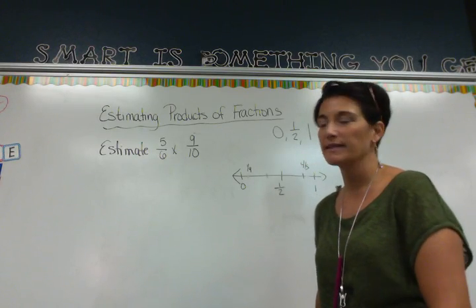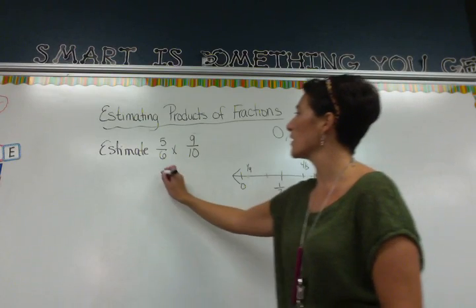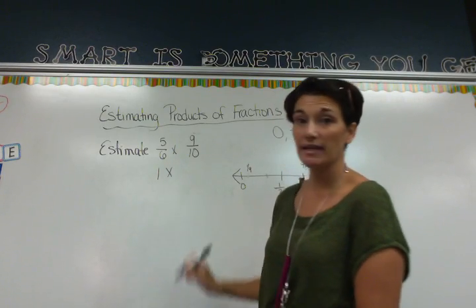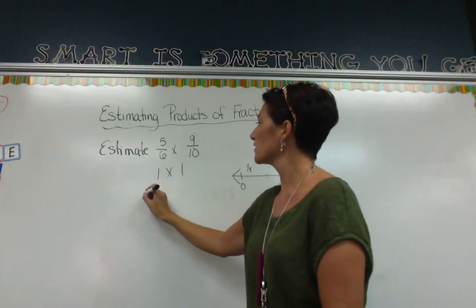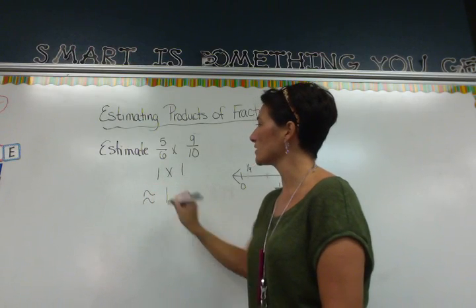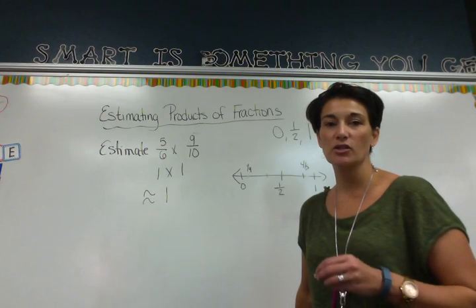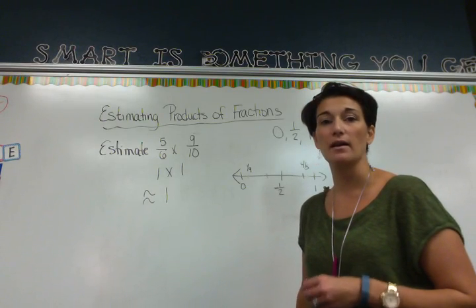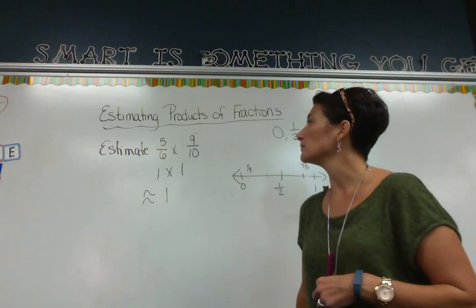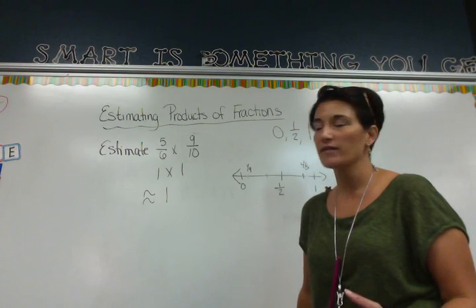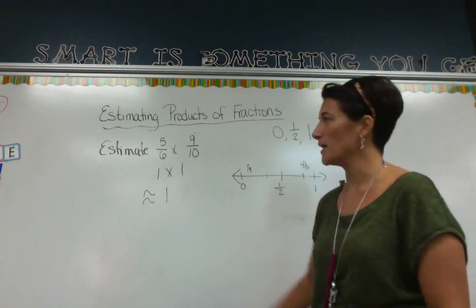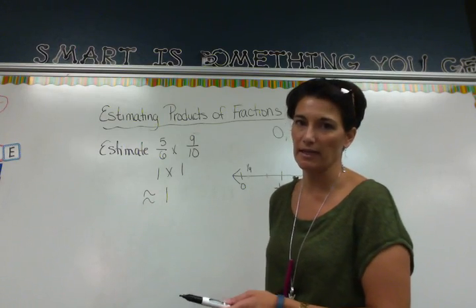So hopefully you're realizing that 5/6 would be closer to 1, and the same with 9/10 would be closer to 1. So our answer would be about 1. Okay, so again, it's just making sure you understand where the fractions fall on a number line. Or you could draw pictures of it if you need to help you. But the big key today is making sure you're putting that estimating sign.